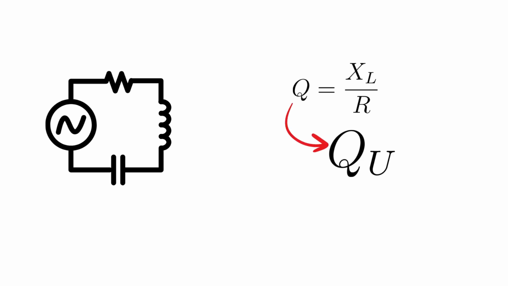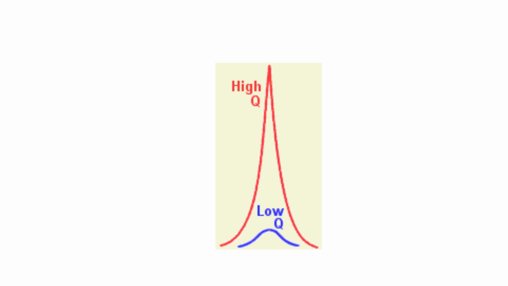For an RLC circuit, the major contributor of resistance is the inductor, so the quality factor of an RLC circuit is solely determined by the inductor. Since there is no load connected to the resonance circuit, this quality factor is called the unloaded quality factor. High quality factor implies a larger reactance to resistance ratio, meaning that the resonance curve is sharp. A low quality factor means that the resonance curve is broad.